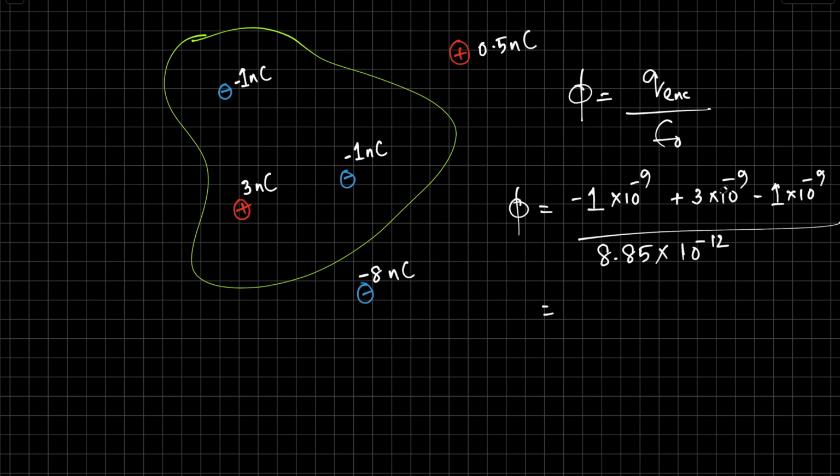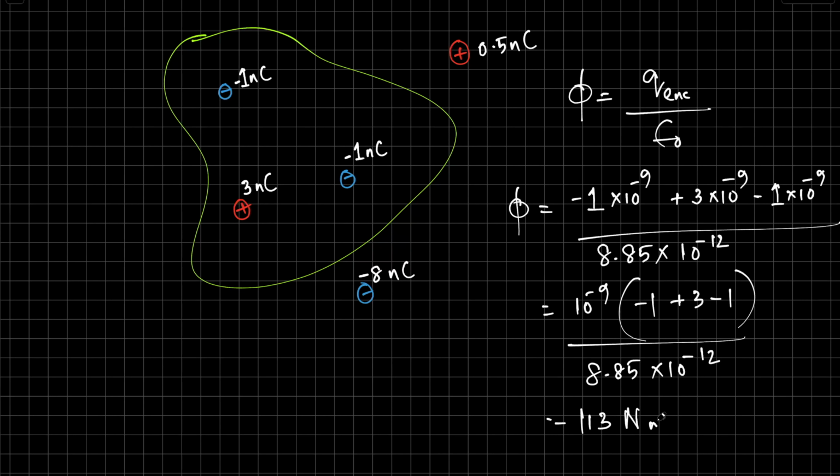You take 10 to the minus 9 outside the bracket. Minus 1 plus 3 minus 1 over 8.85 times 10 to the minus 12. You get 113 newton meter square per coulomb.